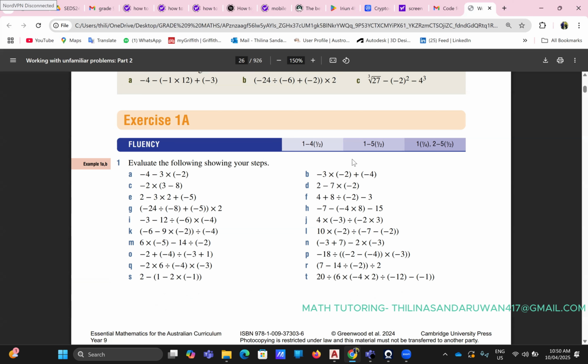Minus 3 by minus 2 means minus minus means plus, which means plus 6. Then 6 minus 4 is 2. That is the answer.